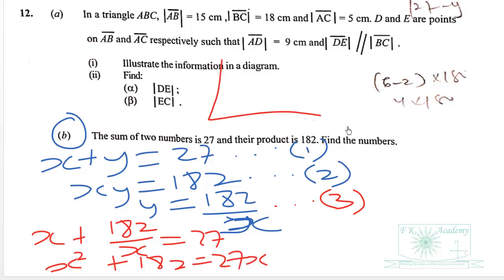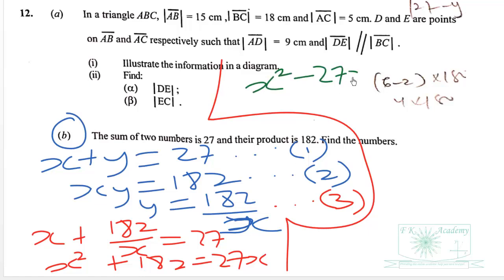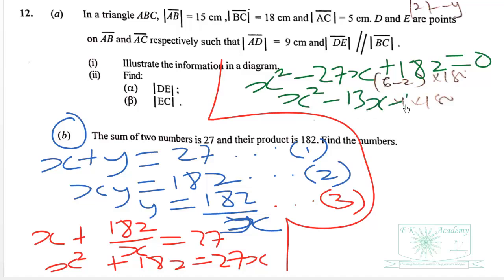Let's rewrite this in the standard quadratic equation form, and that will give us x squared minus 27x plus 182 equals 0. So we can split the middle term: x squared minus 13x minus 14x plus 182 equals 0.